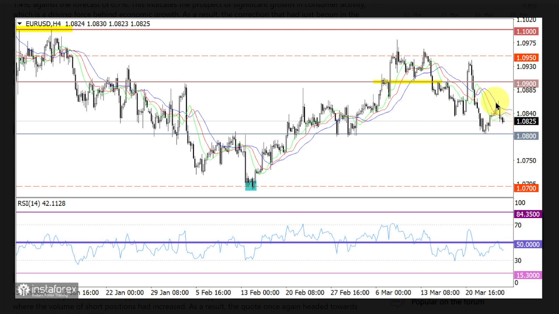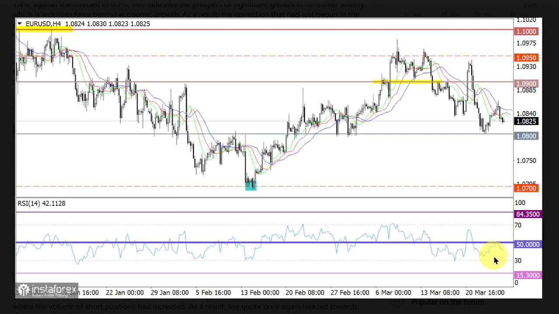As a result, the quote once again headed towards the support level of 1.0800. On the M30, H1 and H4 charts, the RSI technical indicator is hovering in the lower area of 30-50, which points to the bearish sentiment.